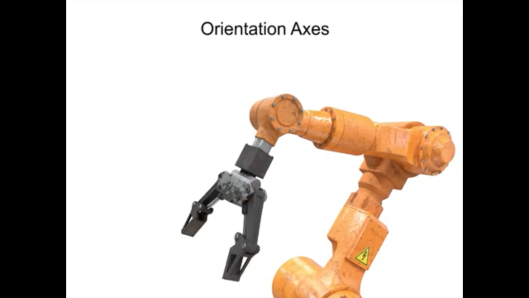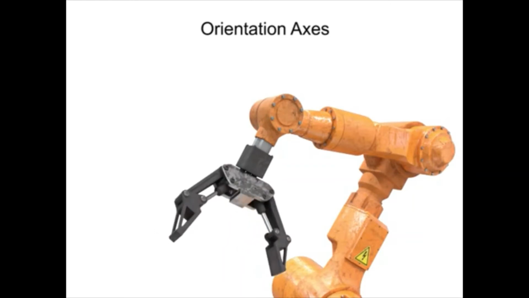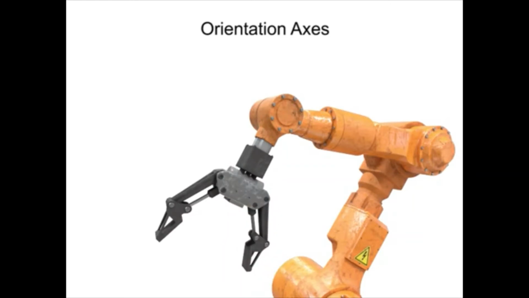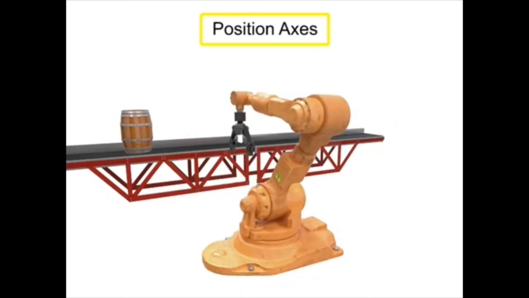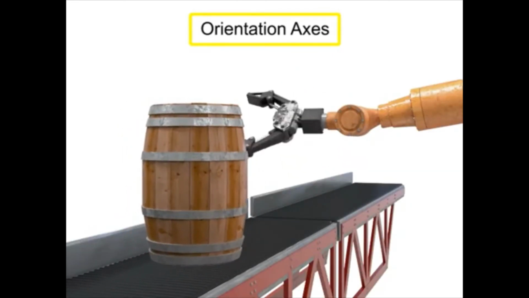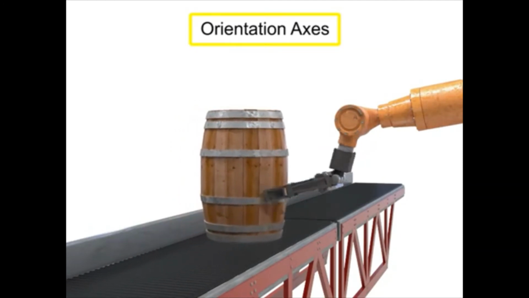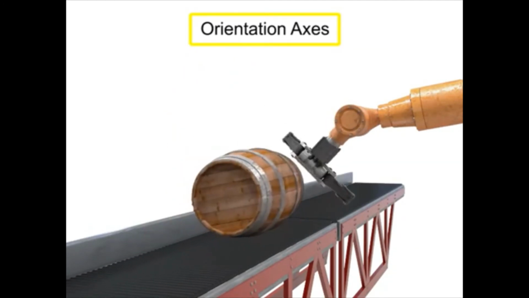Roll rotates the tool about its center axis. Yaw turns the tool left and right. The position axes movement at the waist, shoulder, and elbow, along with the orientation axes movement of pitch, roll, and yaw, allow the robot to accomplish its tasks within the work envelope.